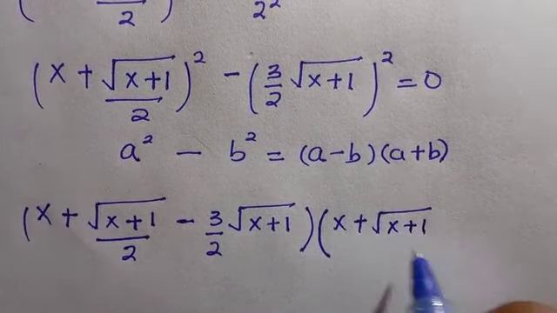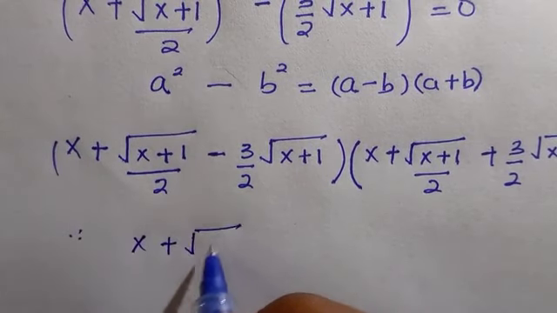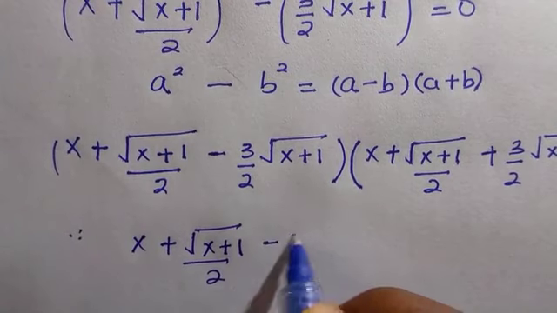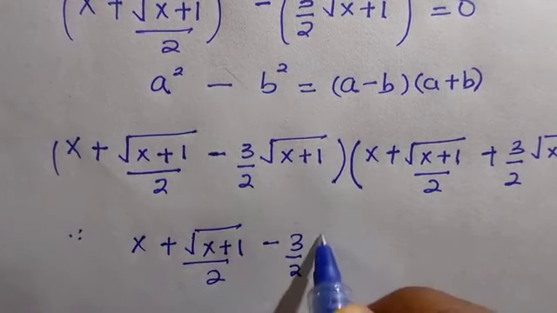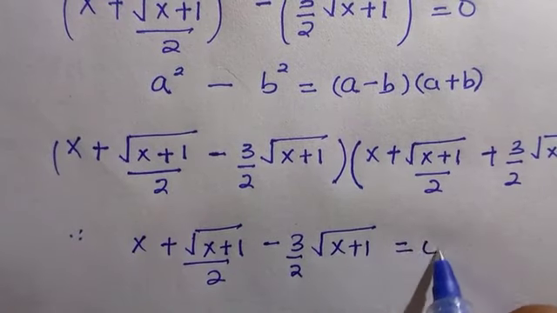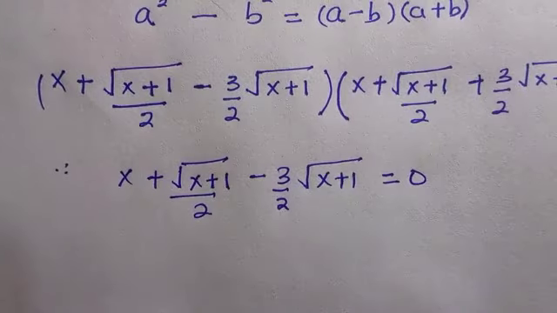Since we have these two factors, we can equate the first one to 0, and equate the second one to 0. So the first one is x plus root x plus 1 divided by 2 minus 3 divided by 2 root x plus 1 equals 0.